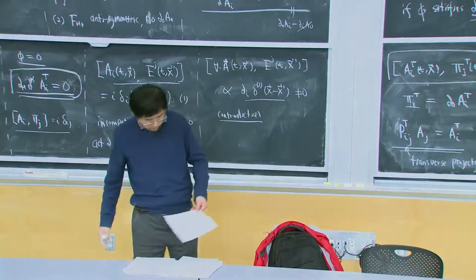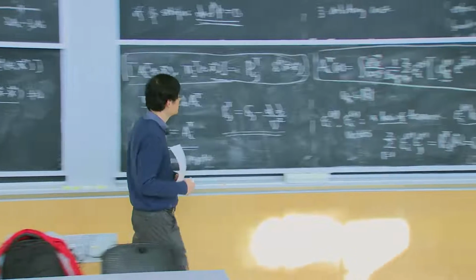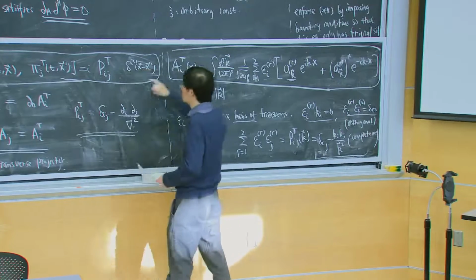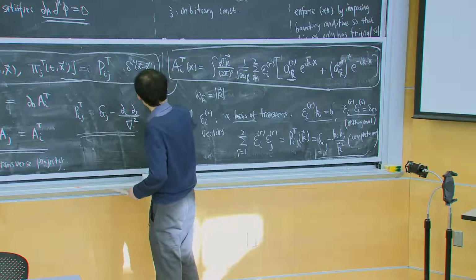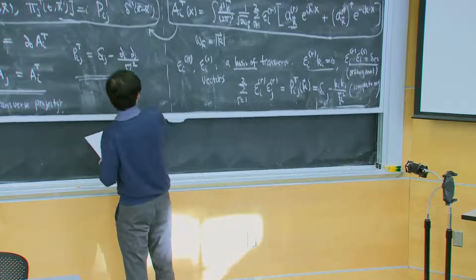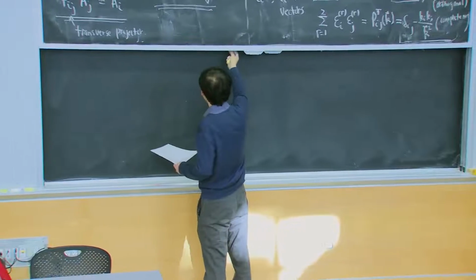Now you can plug this back into the commutation relation and find the commutation relation between a and a dagger.